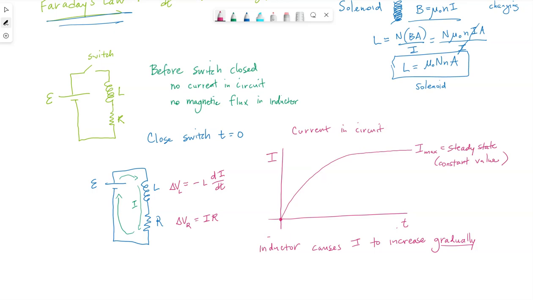So the inductor causes the current to increase gradually to its maximum final value. Let me write that better. Maximum final value. Now this happens quickly.